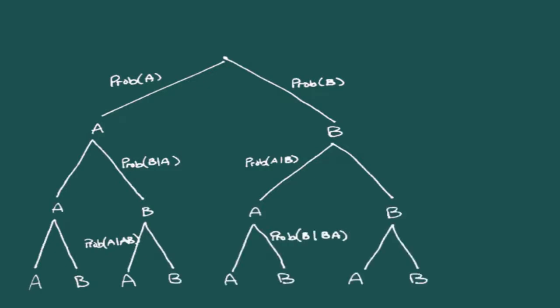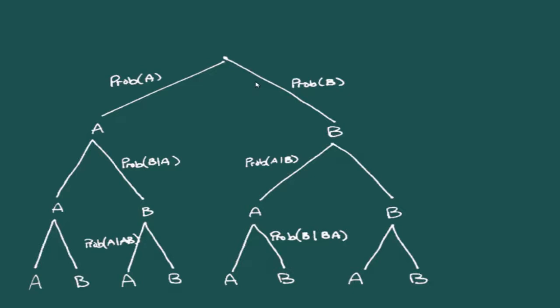And for the third level, each one of those nodes branches to A or B. By the time you get to the very bottom level, suppose we've gone from the root down to A, down to B, down to A. Then the probability for that last leg from B down to A is the conditional probability of getting A, given that we've already passed through node A and then node B. So we have two nodes that we're passing through there.